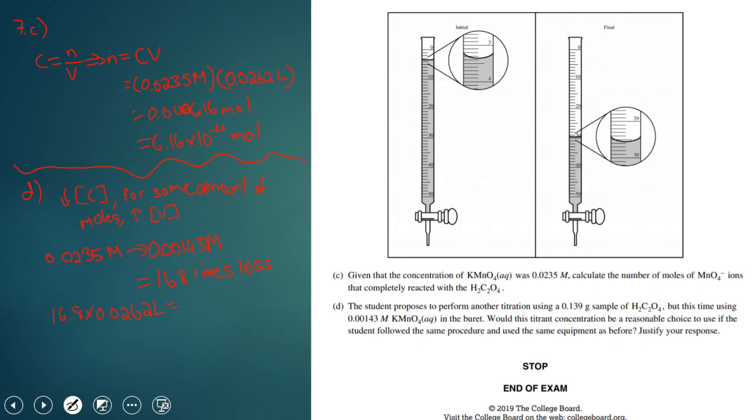So times 0.0262 gets me 0.44. So that's 440 ml, which is about 8.8 burettes.